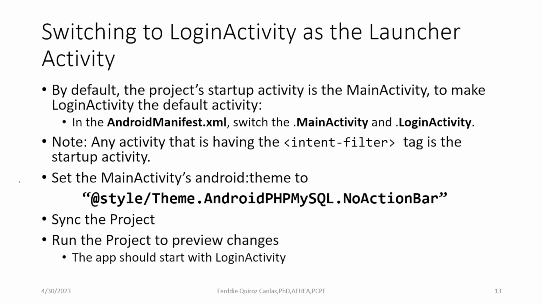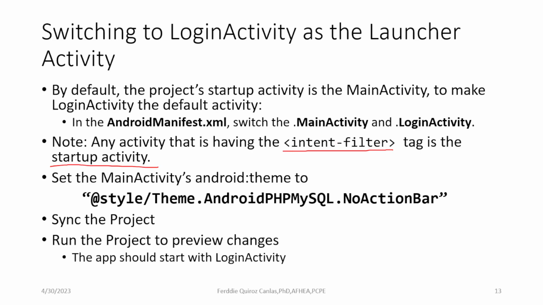So how will you know that an activity is the first or startup activity in your application? Simply check the activity having intent filter tags. Once the activity has this, it means that activity is the startup activity. So we need to switch the two.